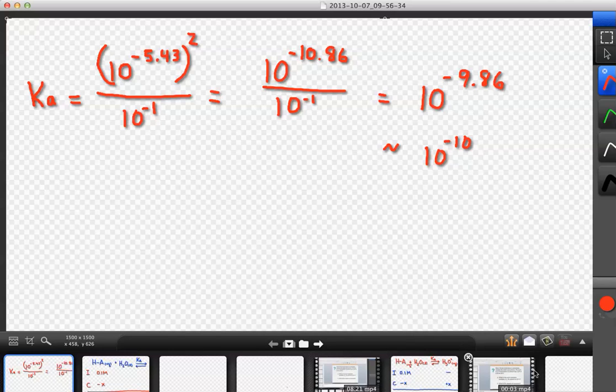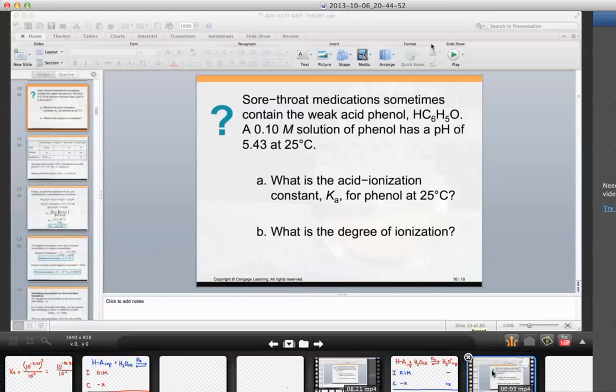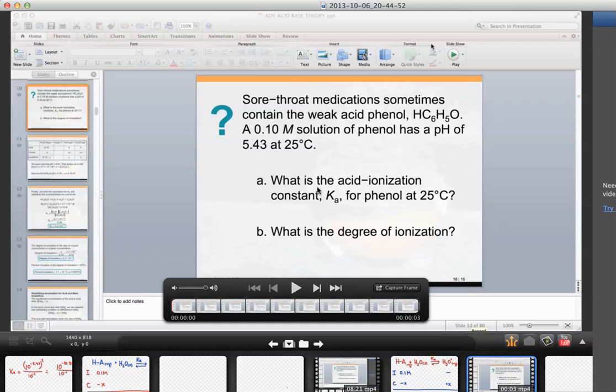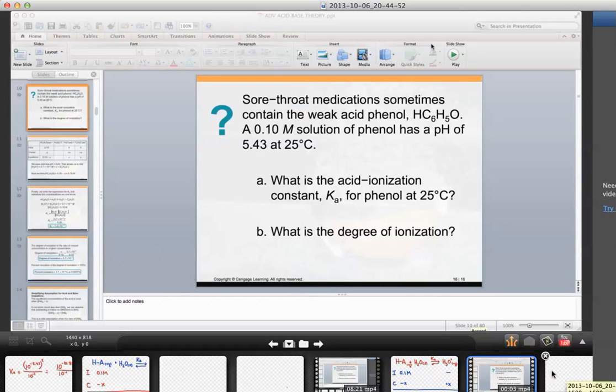So going back to our initial question, we've answered what the ionization constant is. Now, what about the degree of ionization? Well, let's go back.